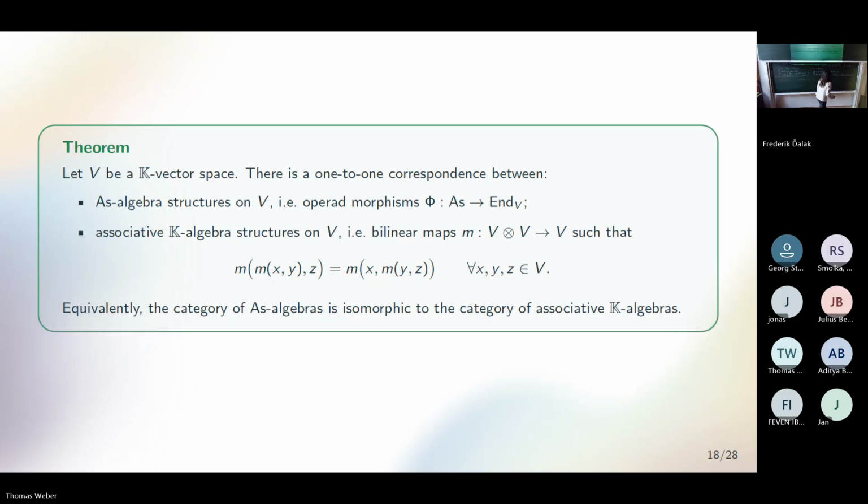But here, by definition, phi_2 of mu_2 is m_V, the associative multiplication we are trying to define, composed with the identity over the vector space V, because phi is a morphism of operads, so it preserves the units of the operad. And so m_V composed with m_V tensor the identity is equal to m_V composed with the identity tensor m_V, which is exactly associativity.